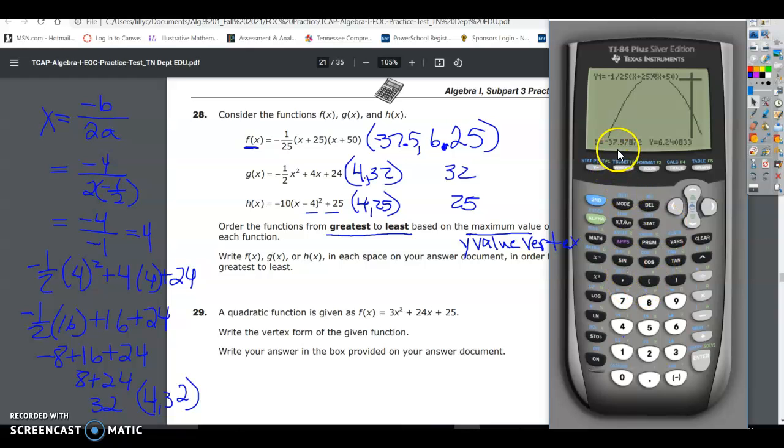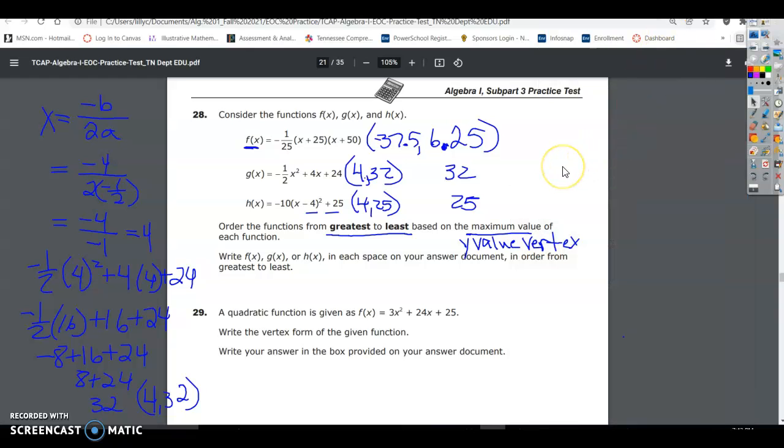And you can see that it's pretty close right there. You can see the cursor's blinking at the top. So this is the vertex. We did find it correctly. Again, it would have been a little hard to find it on the calculator unless you knew that these values had to be very large negative numbers. So if you try just to use your calculator, sometimes that may be a problem.